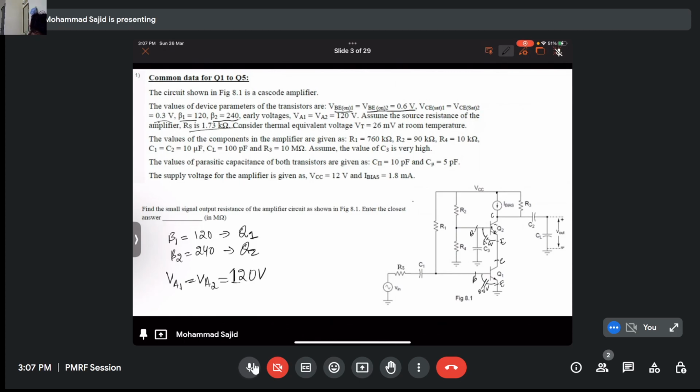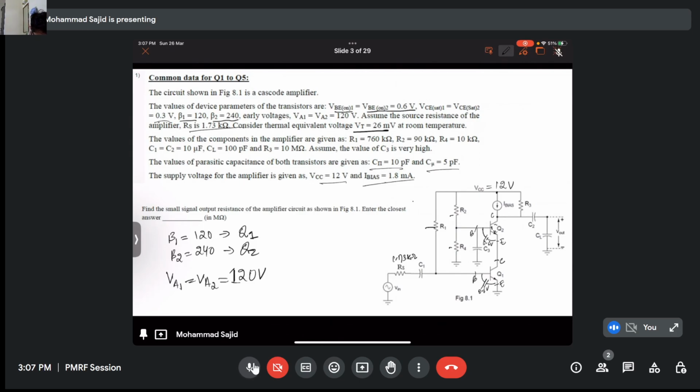Source resistance is 1.73 kilo. This is the thermal equivalent. The values of components in the amplifier are given, and these are the values of the resistances. I'm not writing this. We also have C pi and C mu given. Supply voltage is 12 volt, and I bias is given to us as 1.8 milliampere.